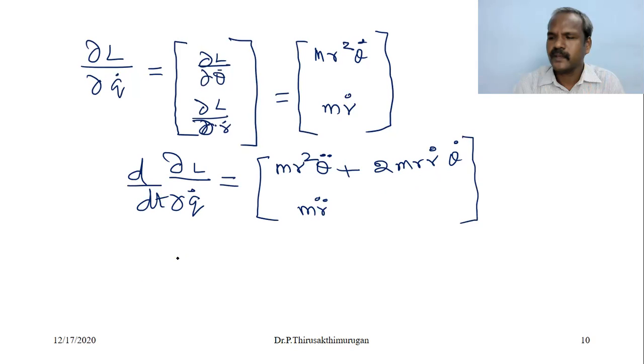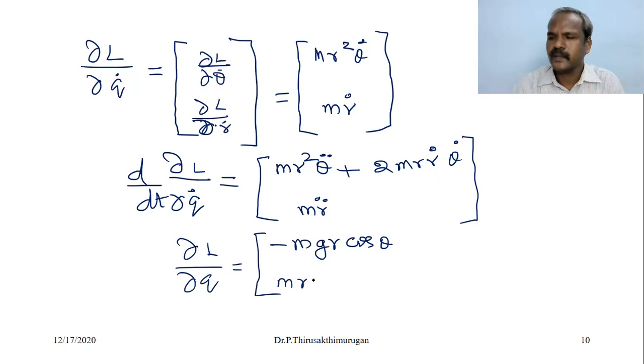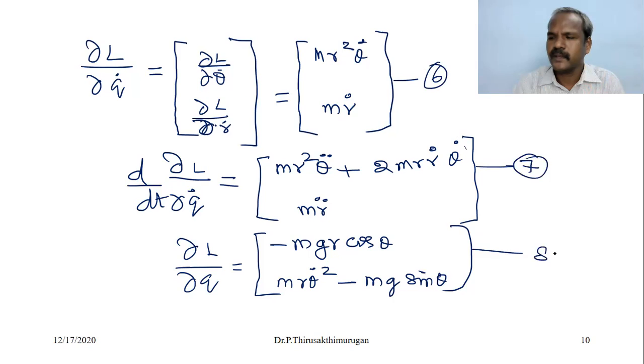Then dou L by dou Q: differentiating the Lagrangian with respect to Q, we get minus m g r cos theta. Similarly, m r theta dot squared minus m g sin theta. So we have equation 6, equation 7, equation 8.